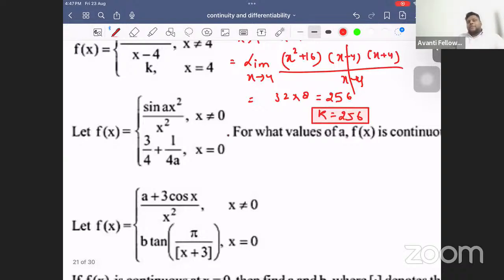Options I give you: A option 1, B option minus 1 by 4, C option A both, D option none. Yes, tell me. Mark your answer in the poll. Yes, quickly answer.